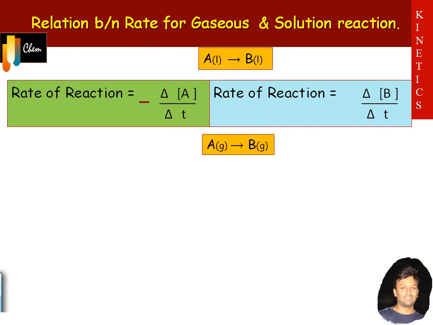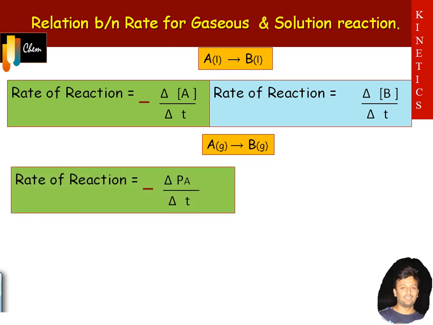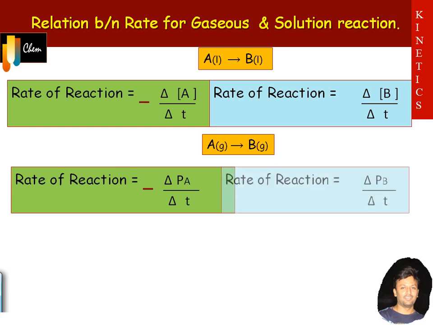But if the same reaction takes place in gaseous medium, the expression can be written in terms of partial pressure, because concentration of gases is measured in terms of partial pressure. So decrease in partial pressure of A per unit time or increase in partial pressure of B per unit time. In this manner we can calculate rate of reaction in liquid medium and in gaseous medium.